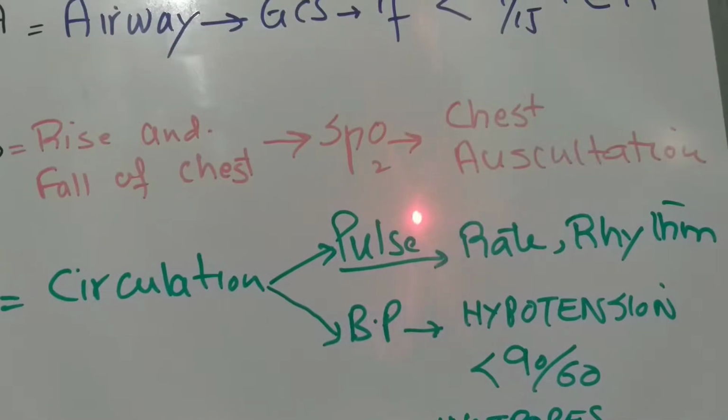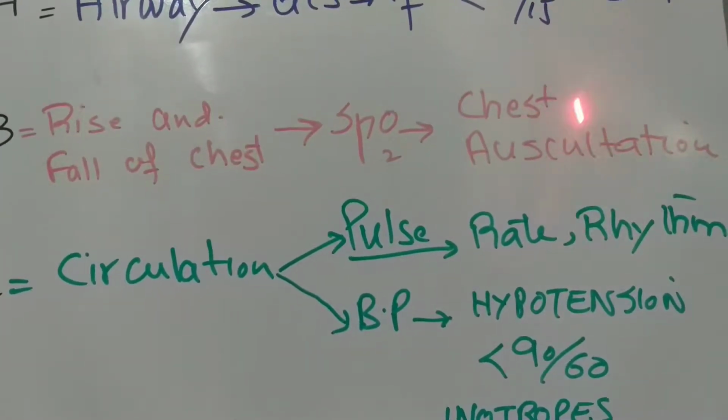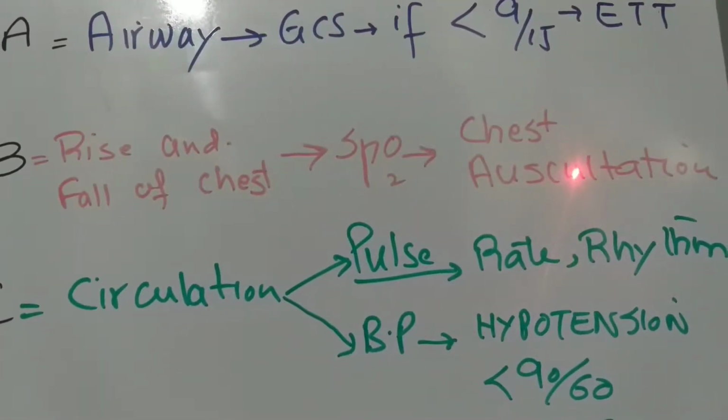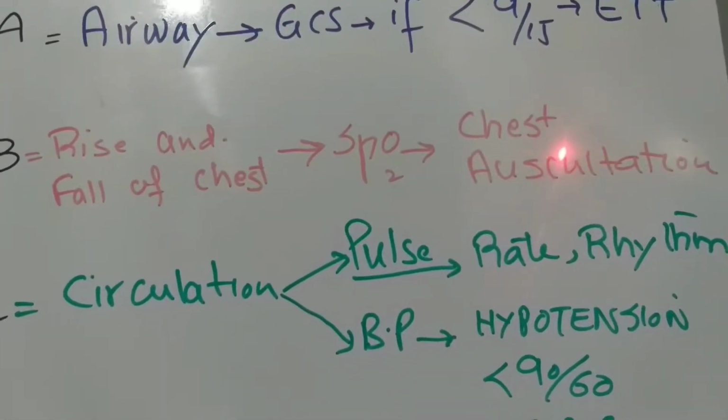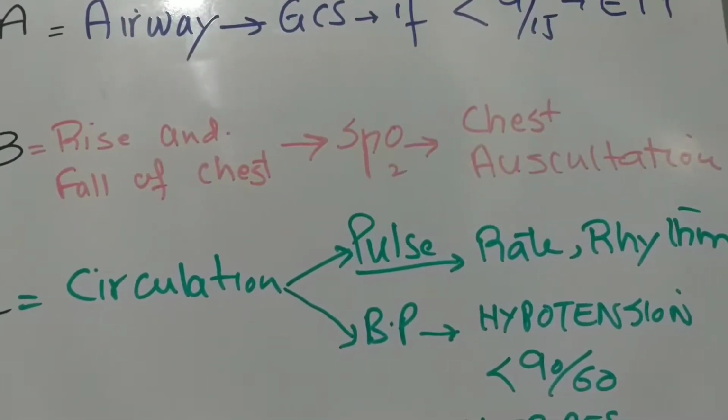Then you will have to do the chest auscultation, and if it is full of crepts, then you will have to give oxygen, may need to pass the tube and may need to put the patient on the ventilator. But if the chest is clear, you will only have to give oxygen if saturation is dropping.